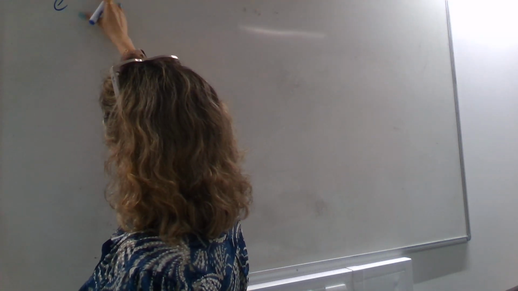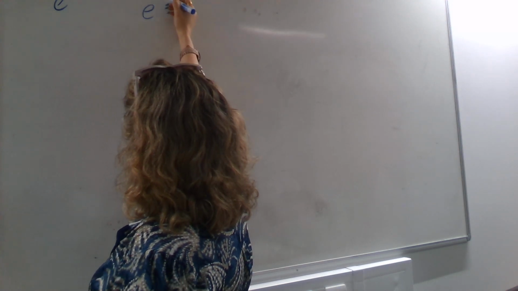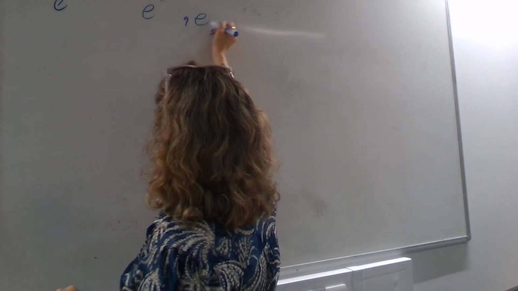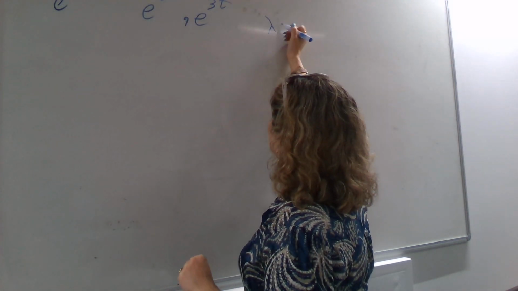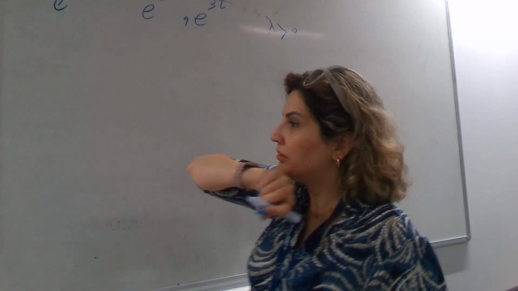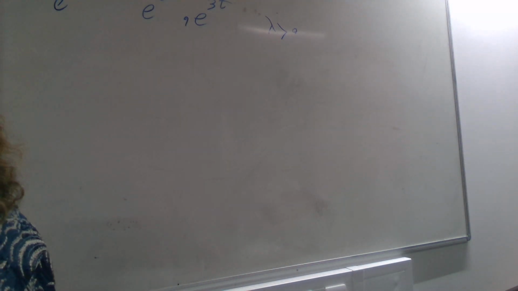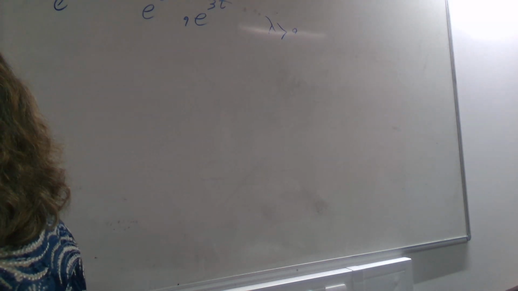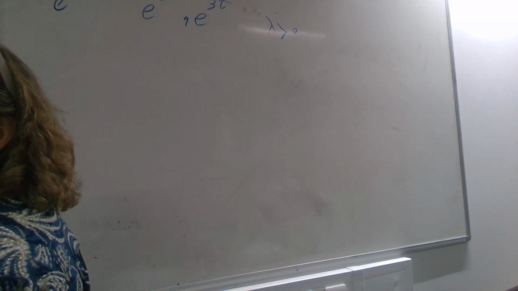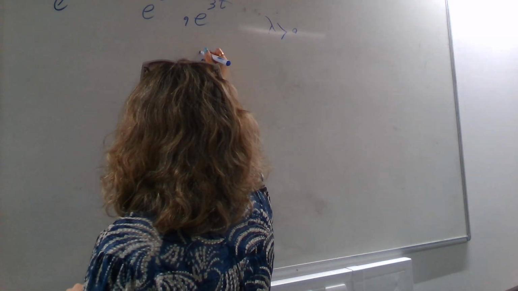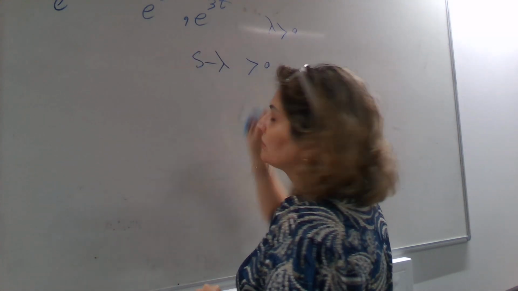What kind of functions can we imagine that look like that? It can be e power 2t or e power 3t. That lambda can be any value as long as lambda is greater than 0, right? Because here there is this condition that we want to fulfill, and we want the lambda to be positive, and we want this to be non-zero. Okay, so we want s minus lambda to be greater than 0.